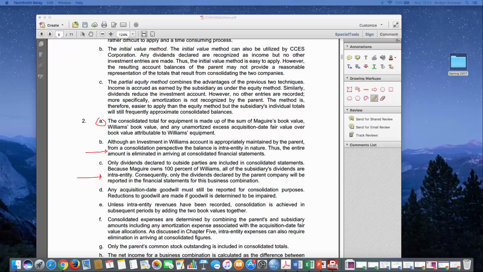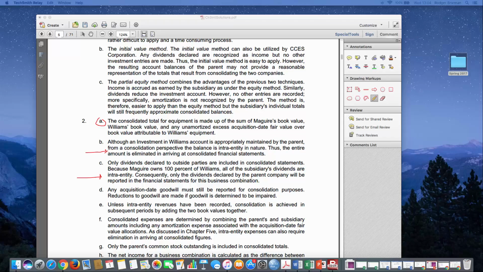Now, the elimination for dividends is a little bit different in a sense that, remember, dividends declared is a type of contra equity account. It really has a debit balance. So to get rid of dividends declared, you're going to make a credit entry. The debit entry is to the investment account, and that's netted against the other adjustments that are made to eliminate the investment account.